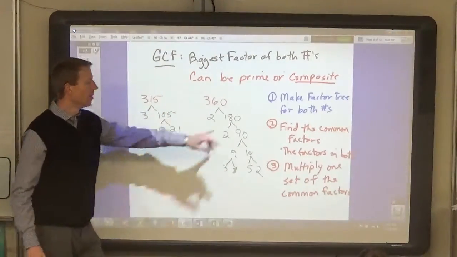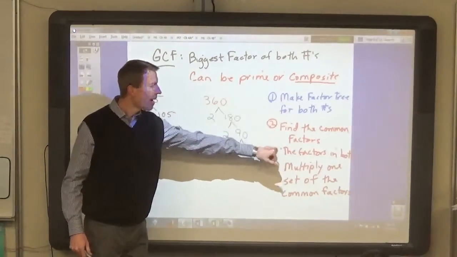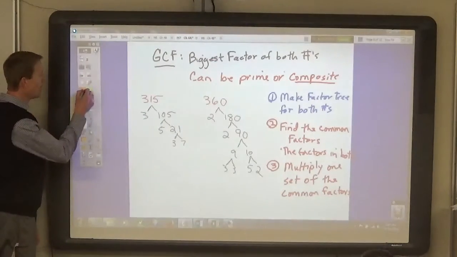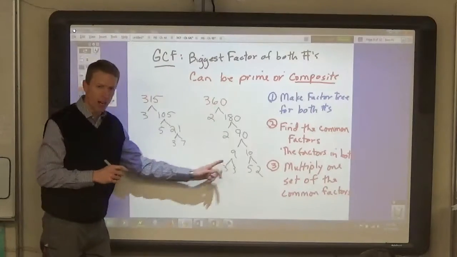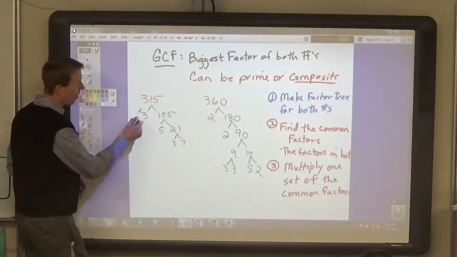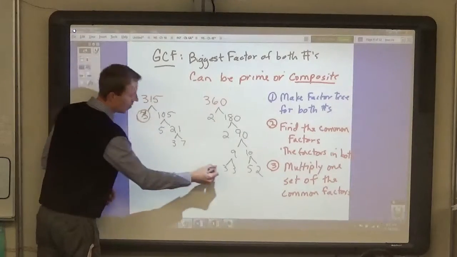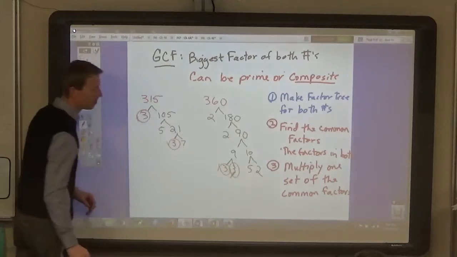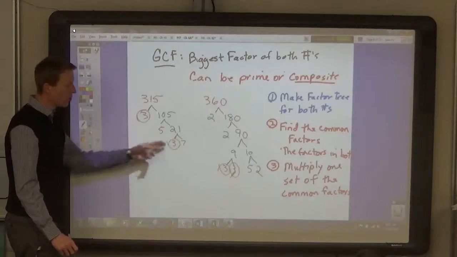Now, step 2, find the common factors. Whenever you can circle a factor in both numbers, that's a common factor. All right? So there's a 3 in both, there's another 3 in both. So we're going to use 2 3s.